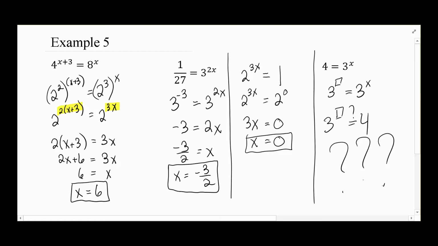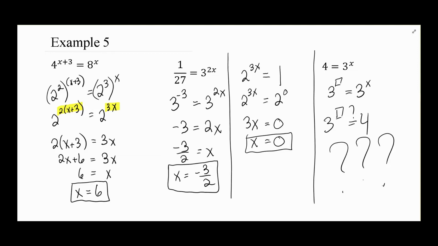That's the point of why we need to be able to undo an exponential. I can't use the uniqueness of the exponential to solve that equation there. I can't rewrite 4 as 3 to a power. 3 to the first is 3, 3 to the second is 9. It's somewhere between 1 and 2, but I don't know. I really don't. So I need a way to undo 3 to a power.